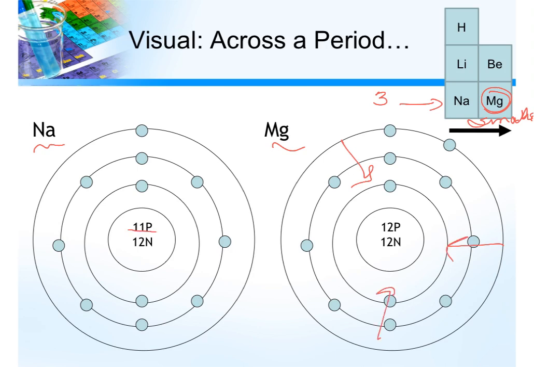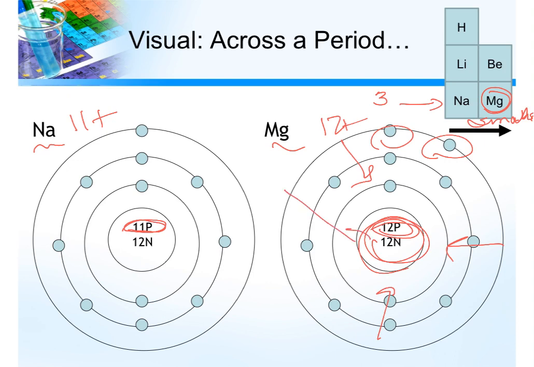So to explain the trend in atomic radius a little bit better, look that sodium has 11 protons and magnesium has 12. So the electrons in magnesium are a bit more strongly attracted to the nucleus because there are simply more opposite charges. And so because of that, the size of the magnesium atom actually pulls in tighter and it ends up being smaller.